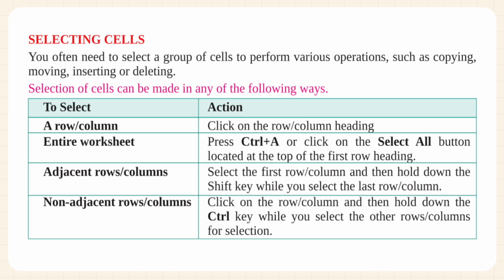To select adjacent rows or columns, select the first row or column and then hold down the Shift key while you select the last row or column. To select non-adjacent rows or columns, click on the row or column and then hold down the Control key while you select the other rows or columns for selection.